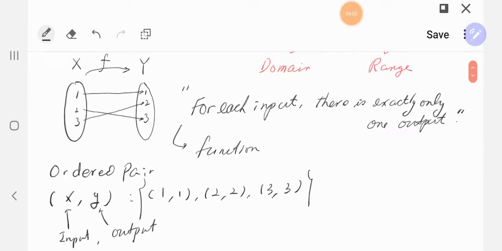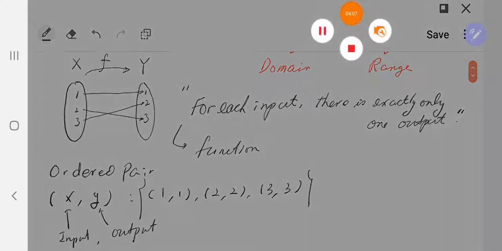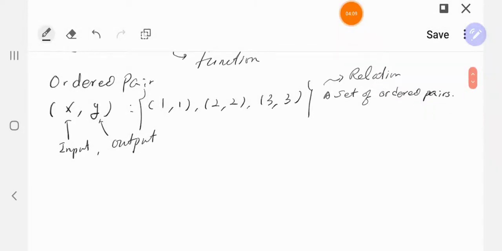Let's say this is a set of ordered pairs. Then this set of ordered pairs is a relation. A relation has input and output. Input is the domain.